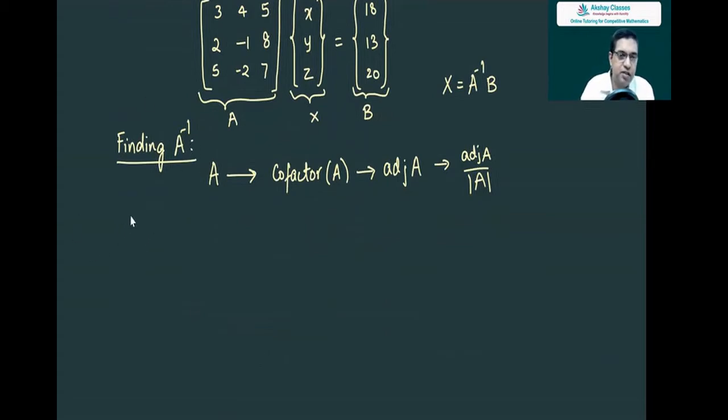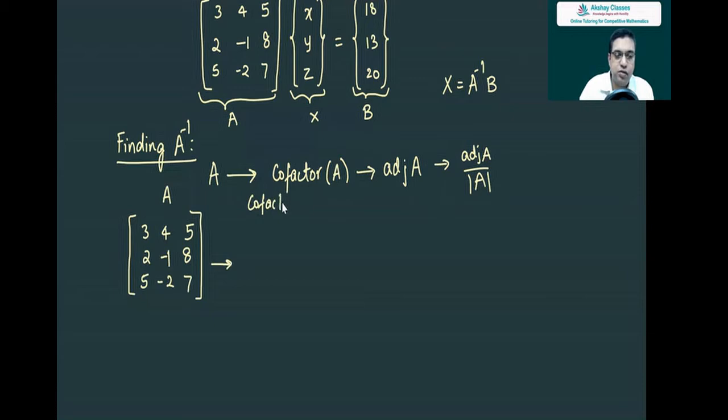So this is A for us: 3, 4, 5, 2, minus 1, 8, 5, minus 2, 7. Now please participate. This is A. I want cofactors of A. That means I'm replacing all the elements by their respective cofactors.